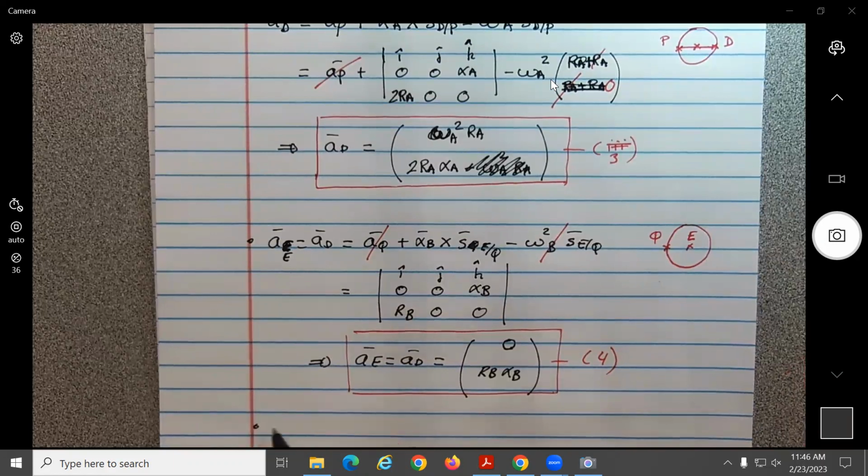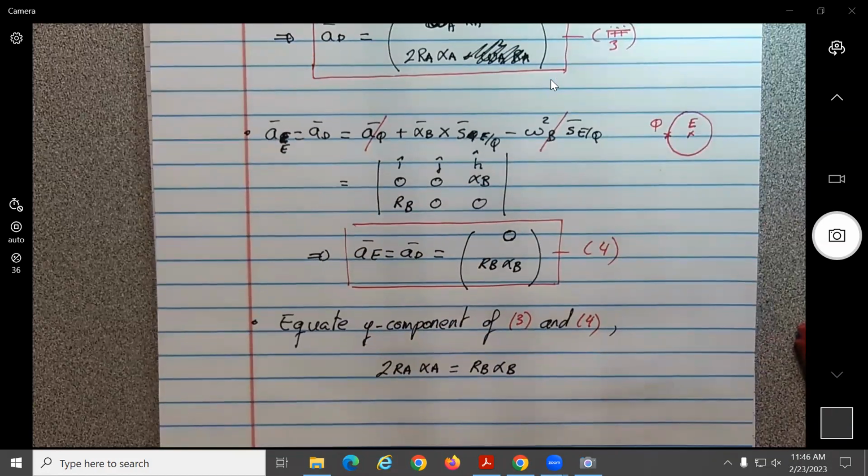So what do we do next? So let's equate, but I'm going to add one thing, y component of 3 and 4. Will give us what? 2R sub A alpha A equal to R sub B alpha B, or basically would be the same thing as before.